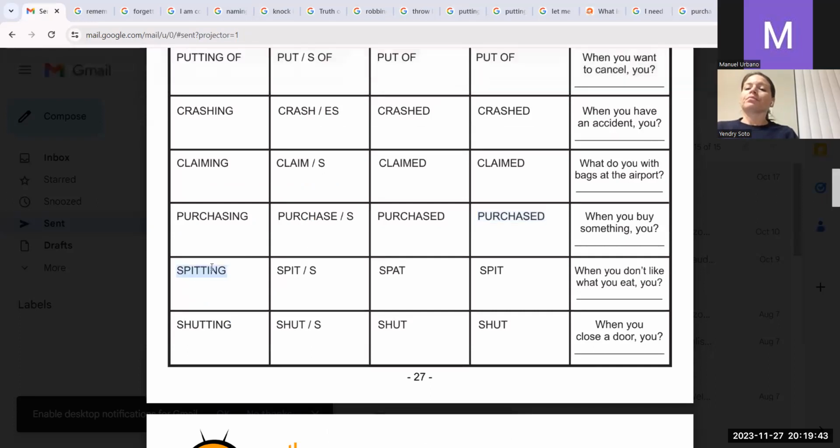Now, spitting is not a very nice verb, but we're going to try and work with it. Please repeat. Spitting. Spit. Spat. Spit. So it's a very irregular verb: spit, spat, spit.